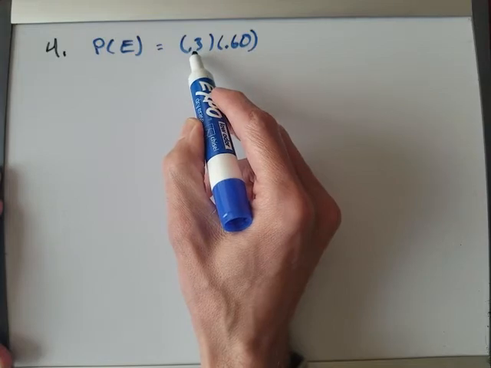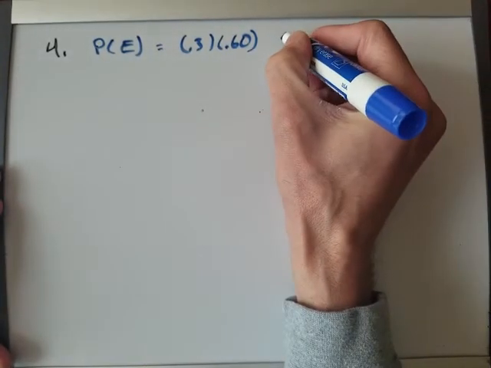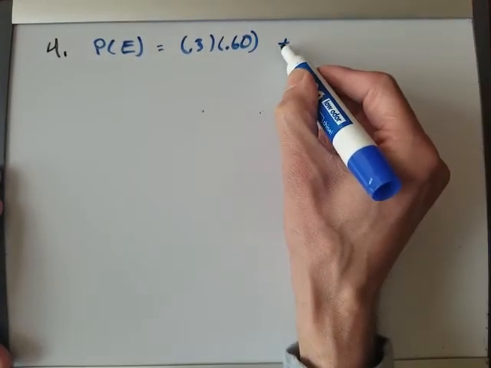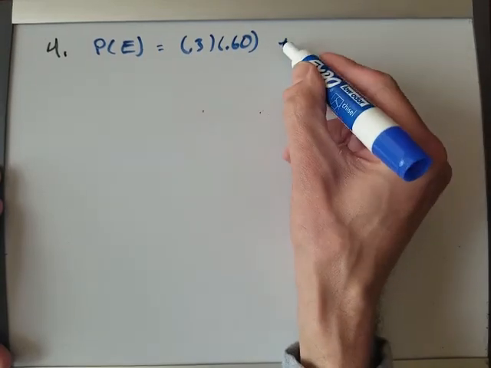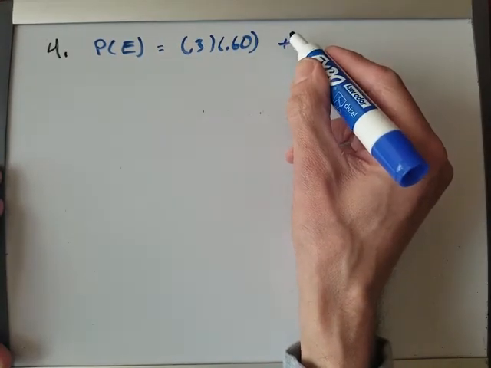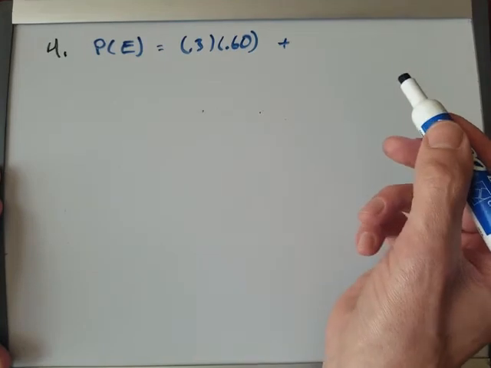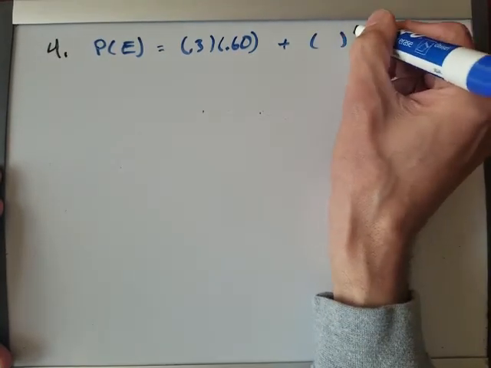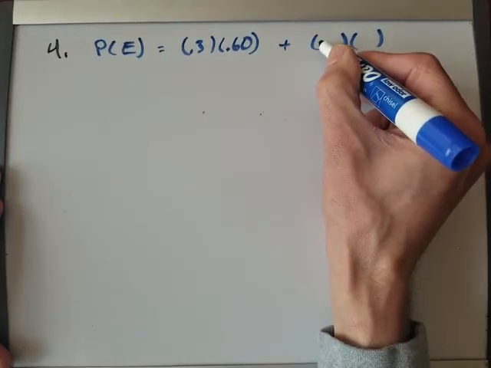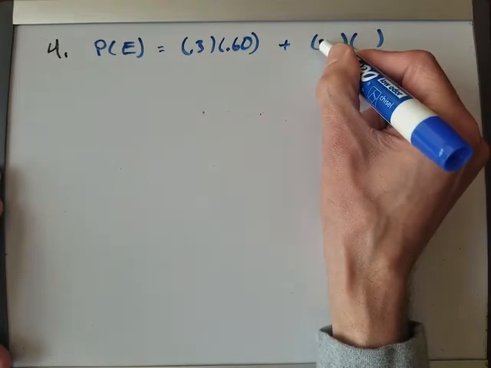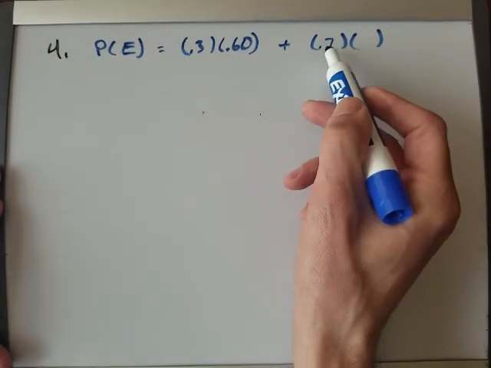But then here's why this one is such a high-end problem. There's an or, and the word or means an add. What's happening is, they have a 40% chance of winning when it's not sold out. So let me do this one left to right. What is the probability of the stadium not being sold out? 70.